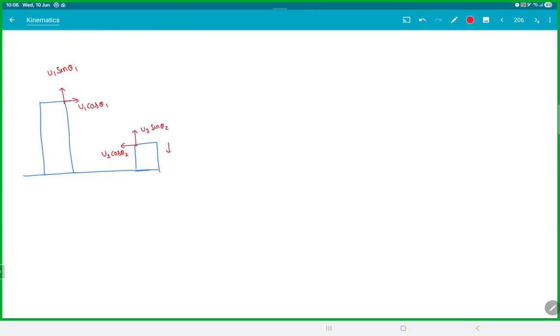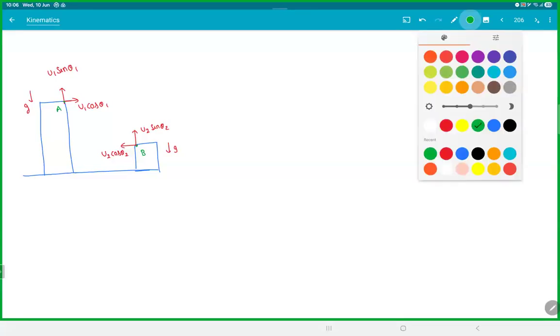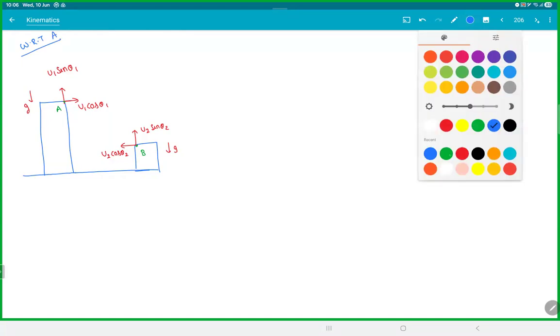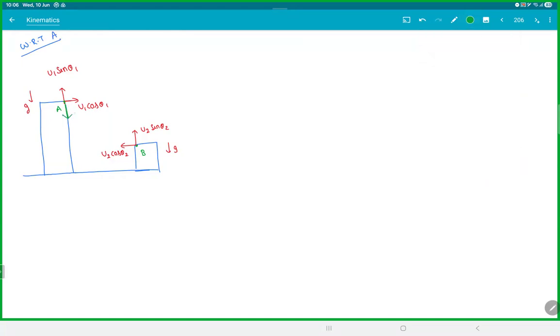This guy has a gravity G, and this guy also has a gravity G. Great. This was A and this was B. Let's stop someone. I'll stop A. With respect to A, what should I do? Subtract U1 sin theta 1 downward.